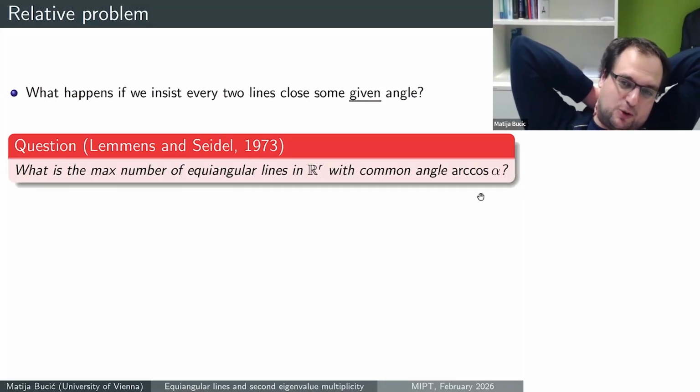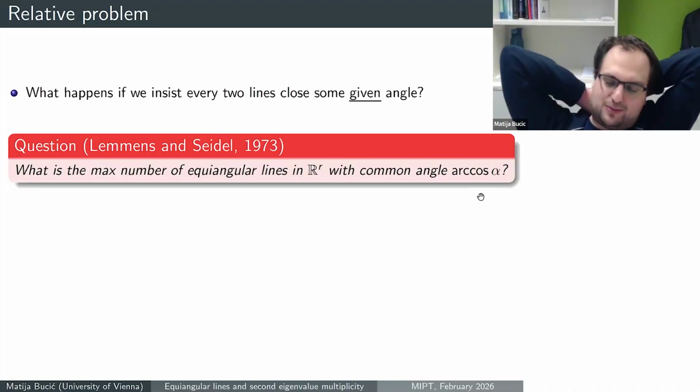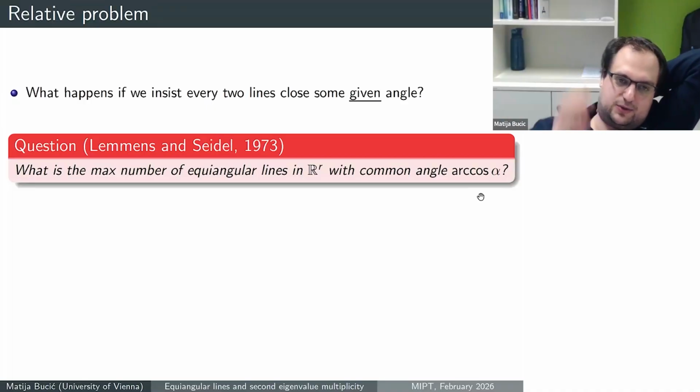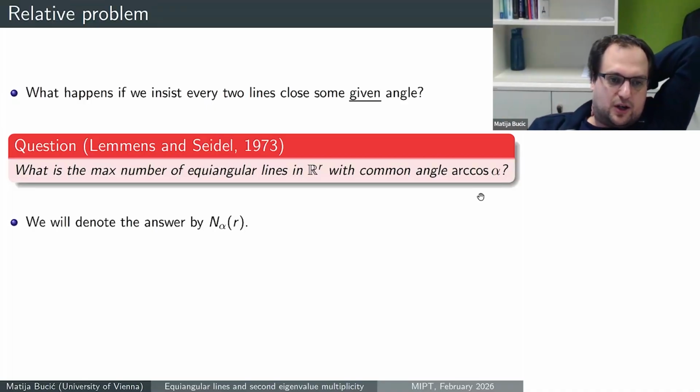You'll see in a moment why I'm choosing this normalization, because the algebraic point of view on the problem will be much cleaner and will not involve trigonometric functions if I do that. So for now, just think of it as some sort of normalization on what angles you're allowed to use. I'll call the answer to this question N_alpha(r), and I want to tell you what we know about it.